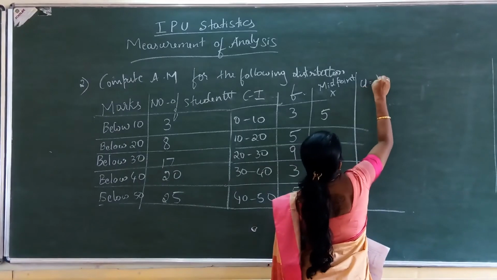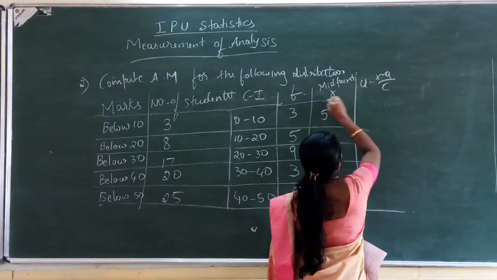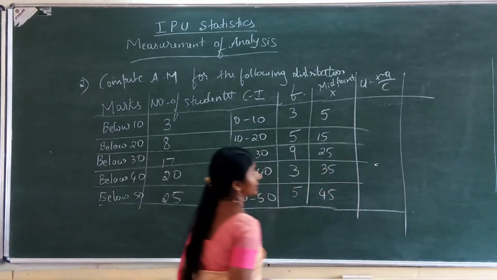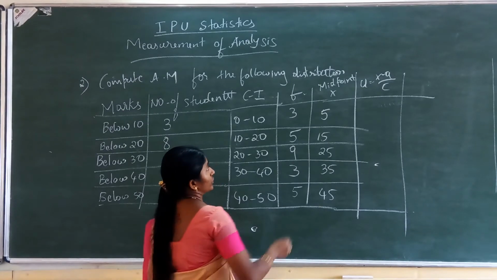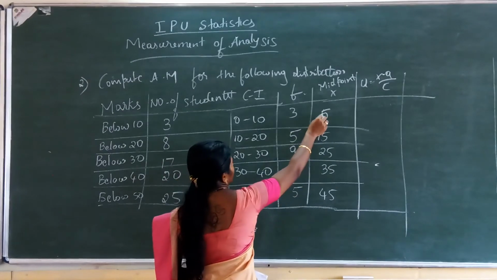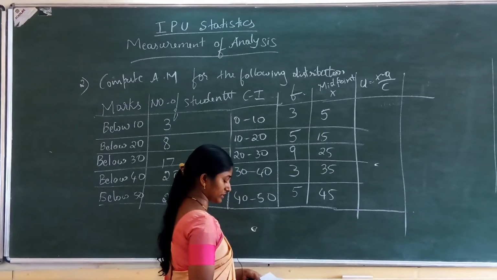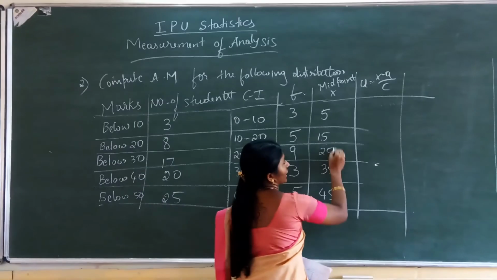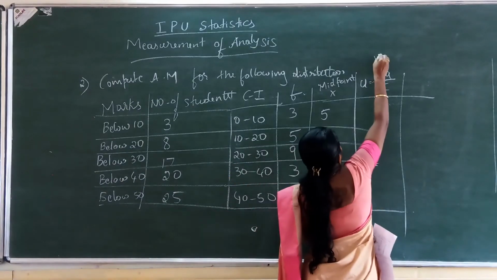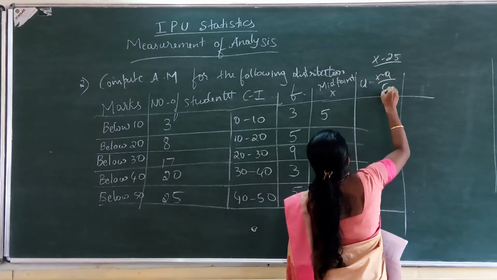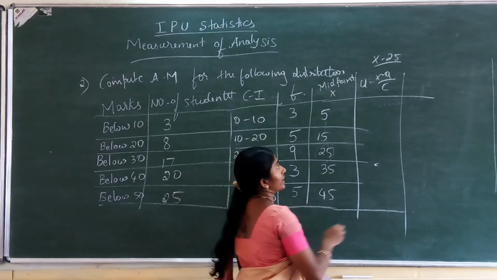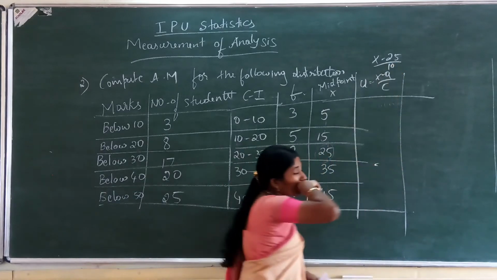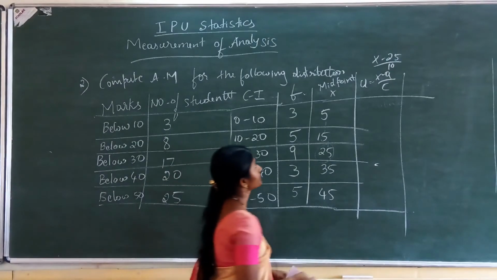U equal to x minus a divided by c. From the midpoints you can choose any one value. I will take 25. So x minus 25, and for the c value, 10, 10, 10, all have a difference of 10. Therefore, c equal to 10.